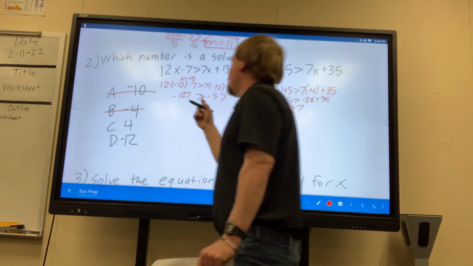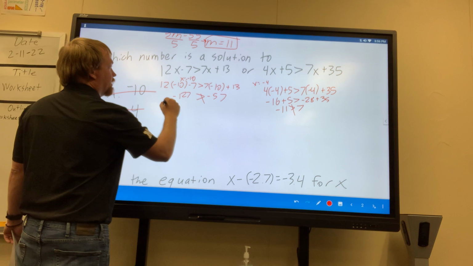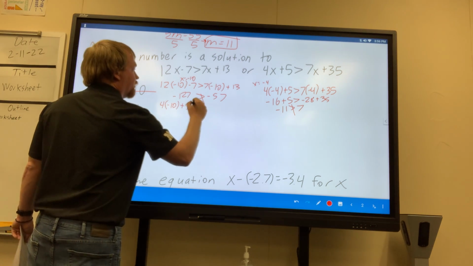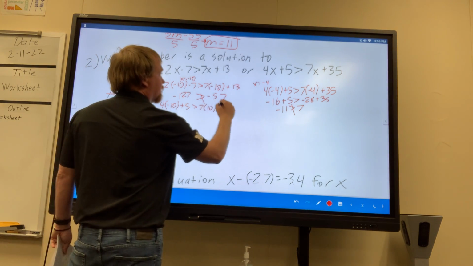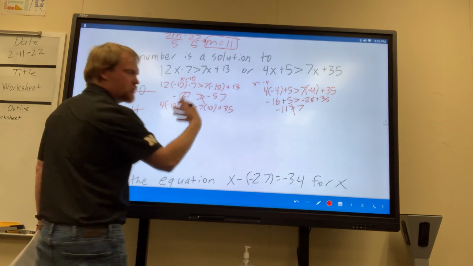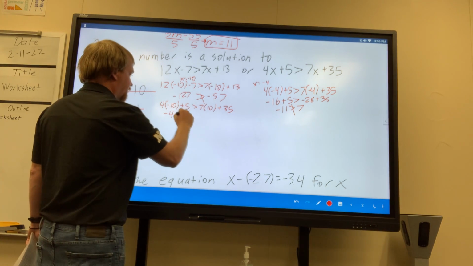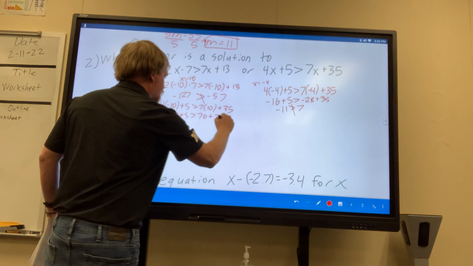But I do want to double check the second one. I just realized, since I mentioned one or the other, this may be false, but I want to double check to make sure this isn't true as well. -40 plus 5 greater than -70 plus 35.